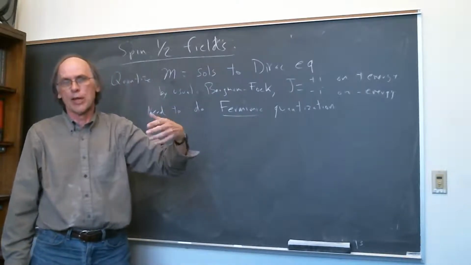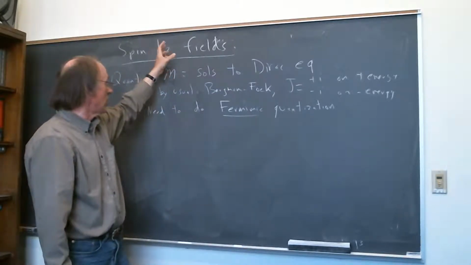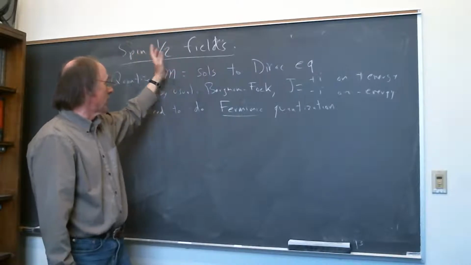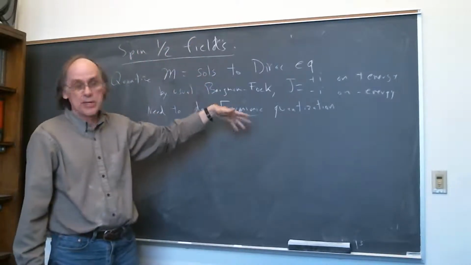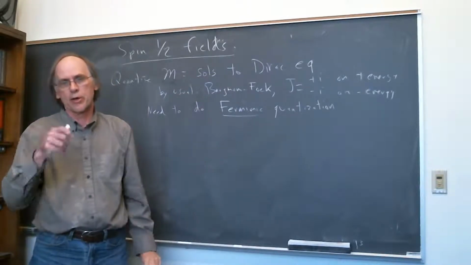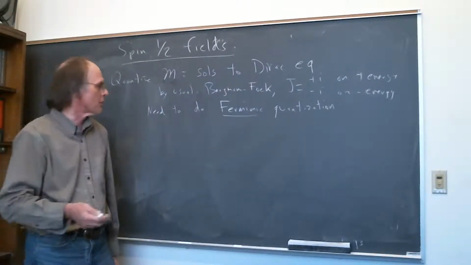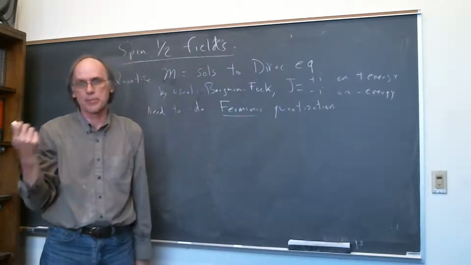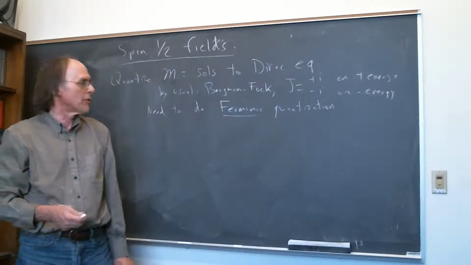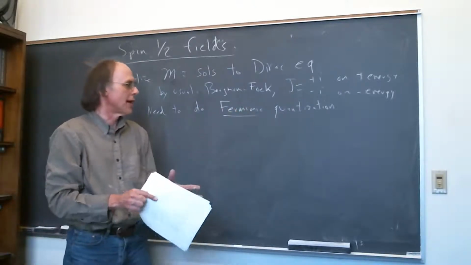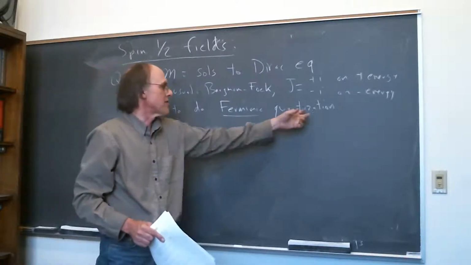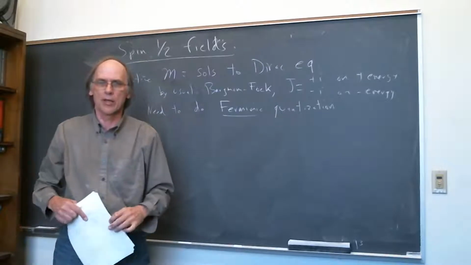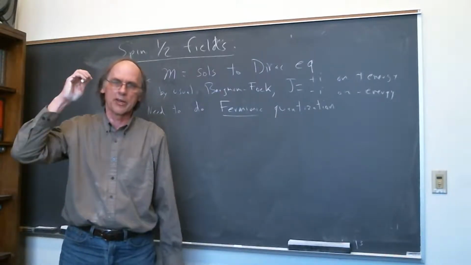And for the integer spin cases, spin 0 and spin 1 that I did, you could have asked why not do fermionic quantization on those spaces? You would have found something that violated notions of causality or of positive energy.